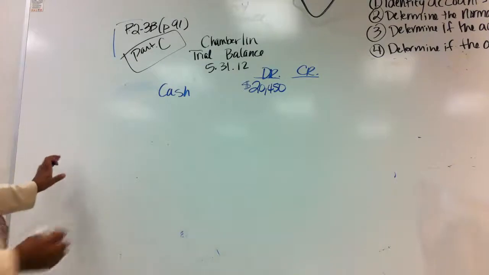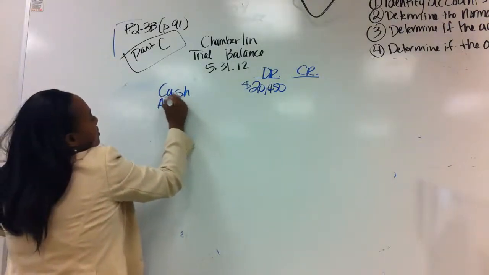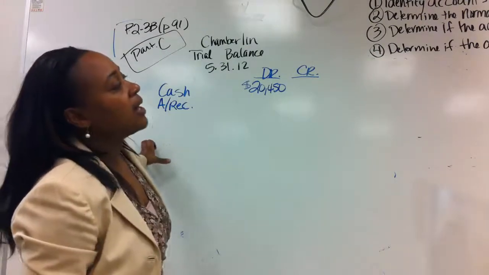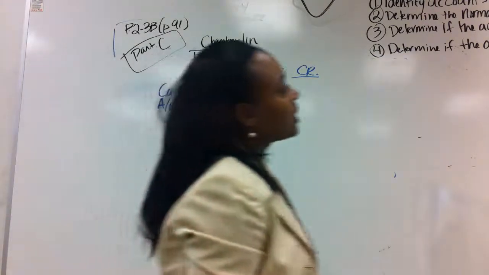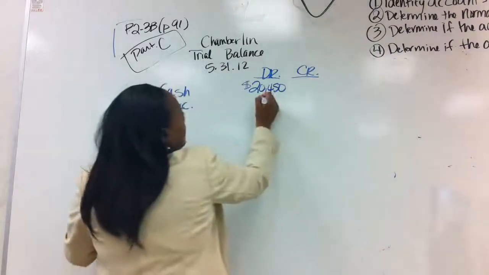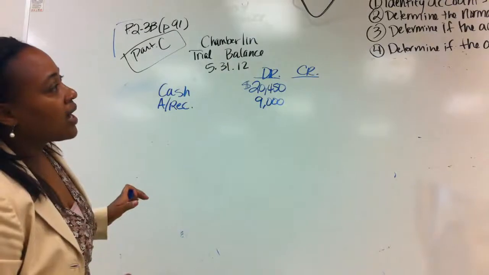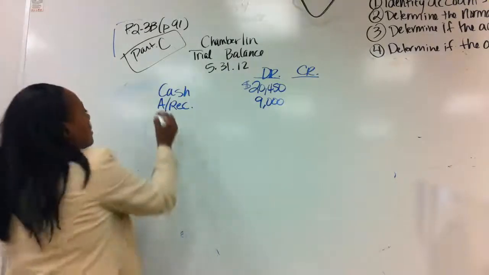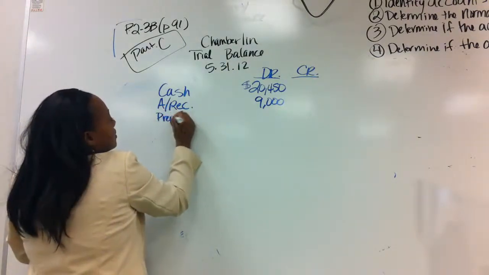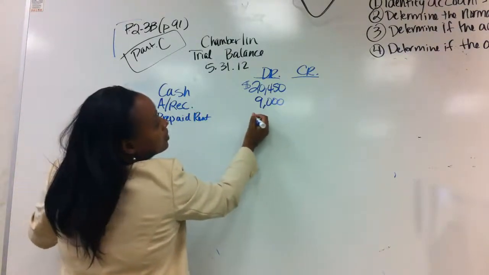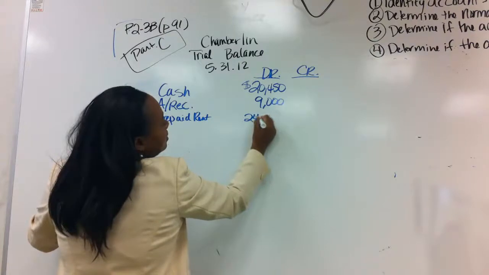The next account we're going to list is accounts receivable, AR. That has a normal balance of debit, and we figure out the account balance, it should be 9,000 on the debit side. Next account is prepaid rent. What's the balance? 24,000.